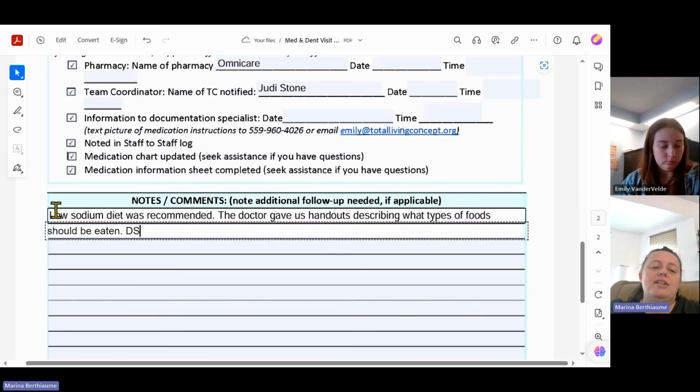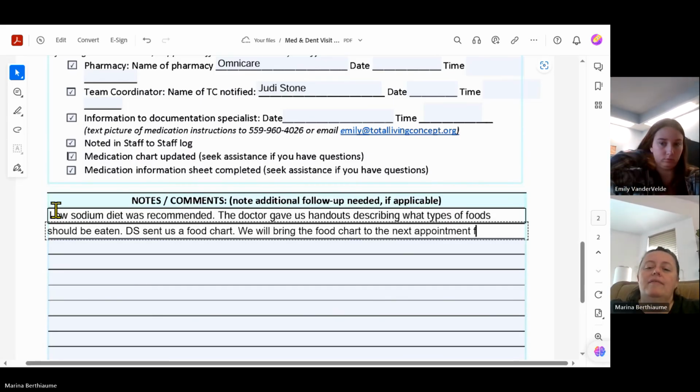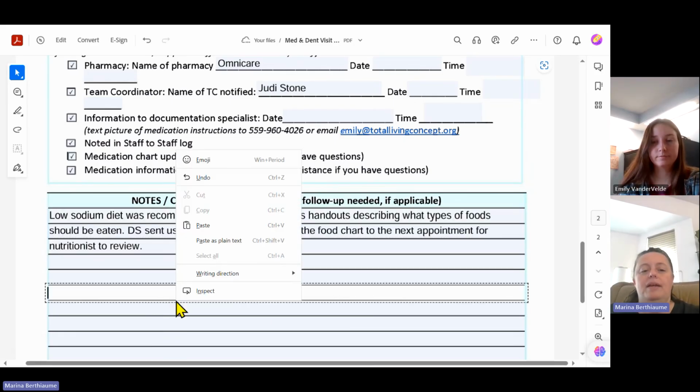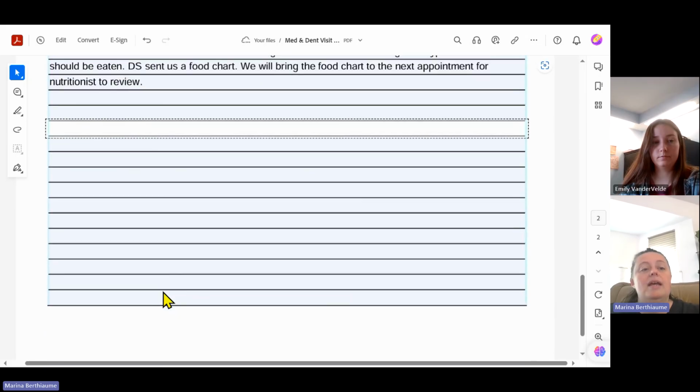The documentation specialist sent us a food chart, and so we will bring the food chart to the next appointment for the nutritionist to review. Something like that. Anything that you want to note that we did after the appointment to address any of the issues that happened during the appointment.